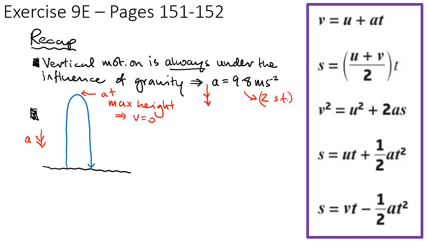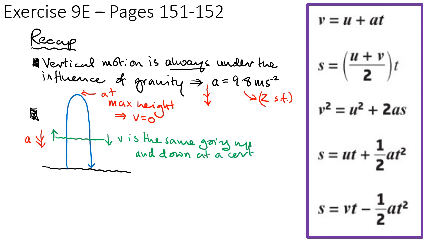V equals 0. We've got symmetry. So on the way up and on the way down, these velocities are the same. So V is the same going up and down at a certain height.